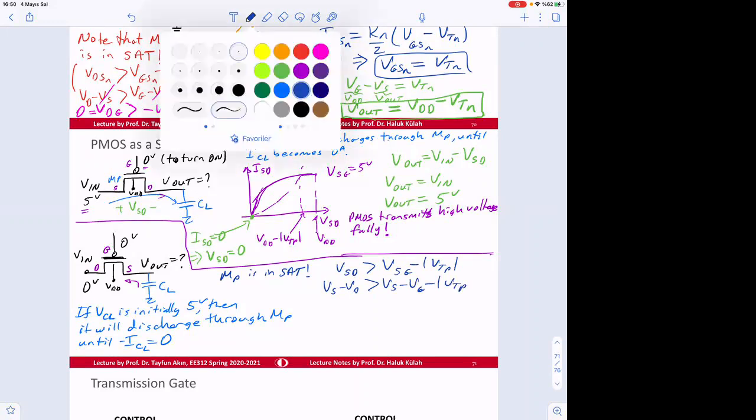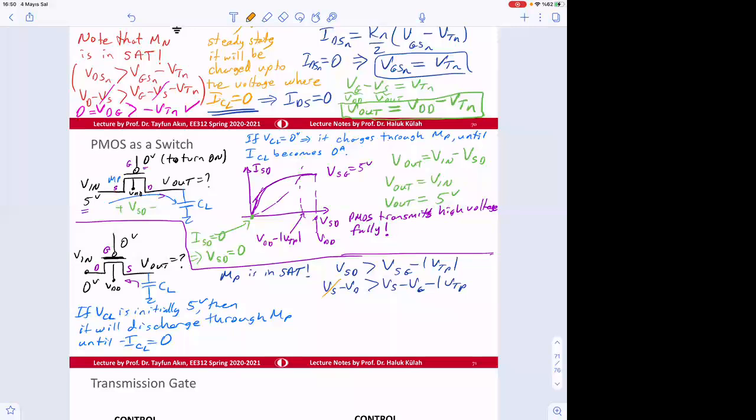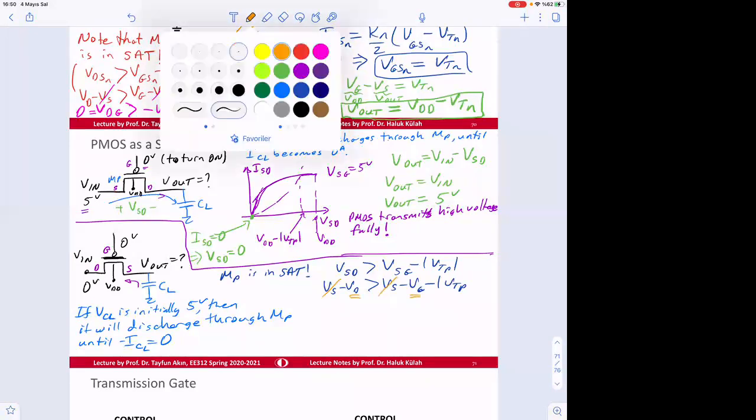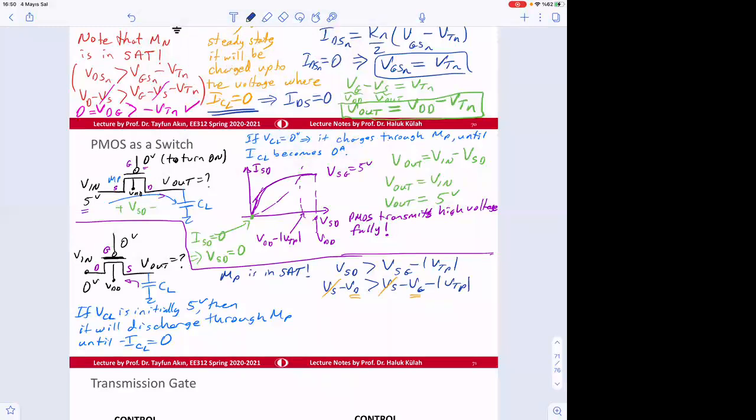So these are gone. And source and drain is equal to gate. Therefore, 0 is always larger than minus VTP. So SAT.